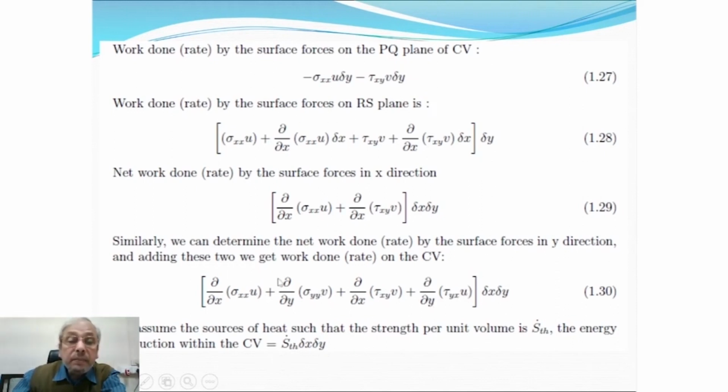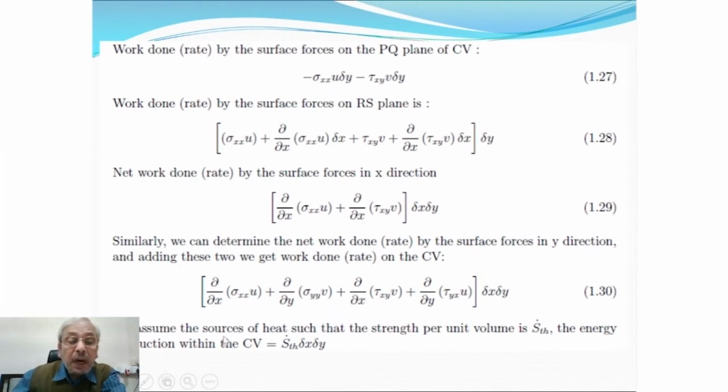We add them with what we got here as equation 1.29, and we get del x of sigma xx into u plus del y of sigma yy into v plus del x of tau xy into v plus del y of tau yx into u, entire quantity into delta x delta y.